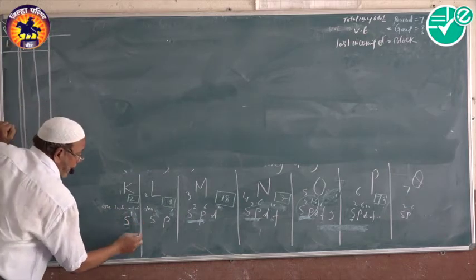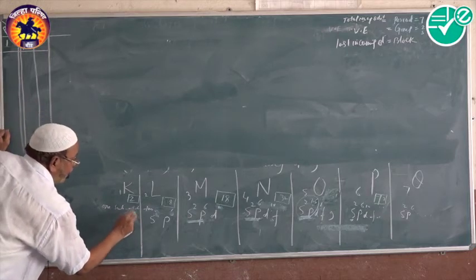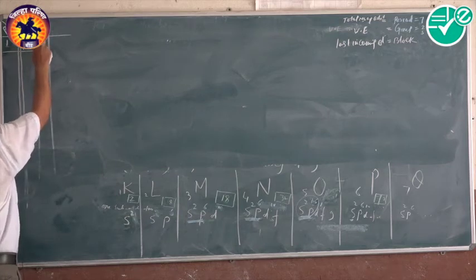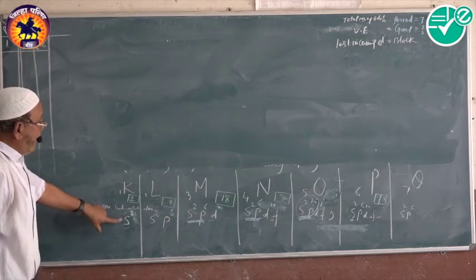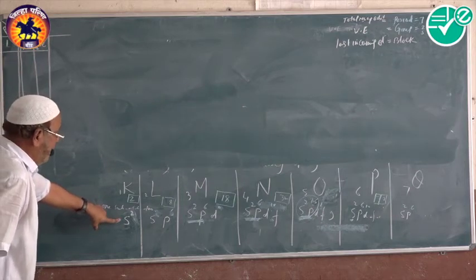Similarly, helium, number 2, 1 plus 1, 2, means helium is also S block, and period number 1 because it is the first period.